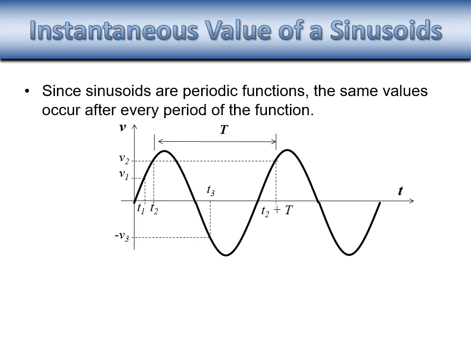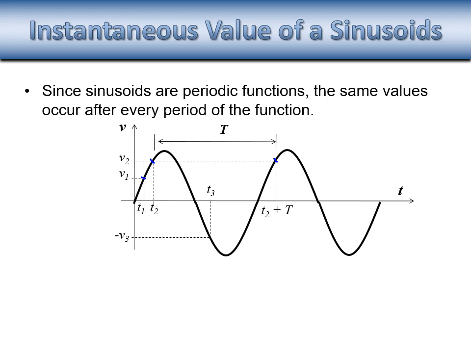For example, v sub 1 is a value at t equals t sub 1, and another instantaneous value v2 exists at time t sub 2. However, the same value of v2 exists at t sub 2 plus the period. So the value of v sub 2 keeps repeating every T seconds, or every period.